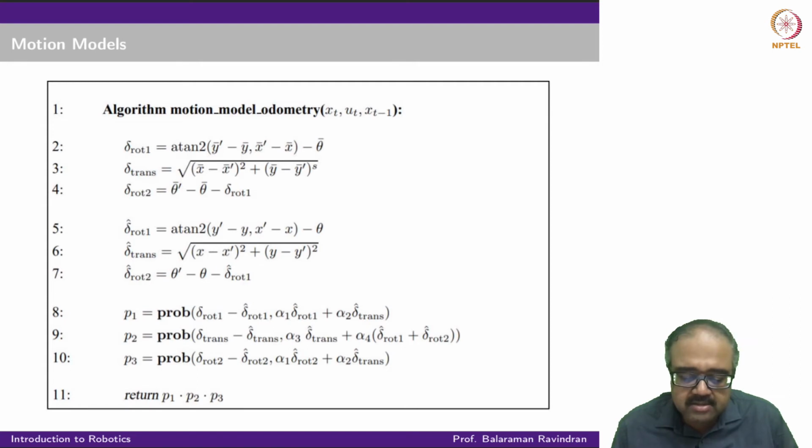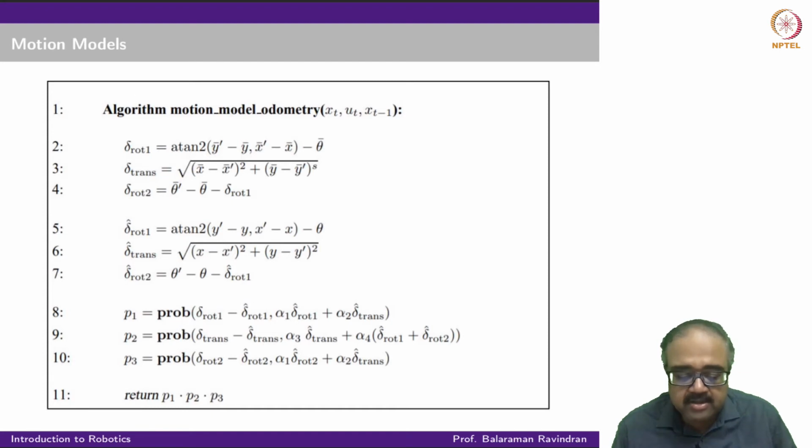So, now this is a zero mean probability distribution with variance is this. I really want my rotation 1, delta rot 1 and delta hat rot 1, to be the same values. So, I want my odometer measurements to be accurate. If I am assuming the odometer measurements are accurate, then delta rot 1 minus delta cap rot 1 should be 0.